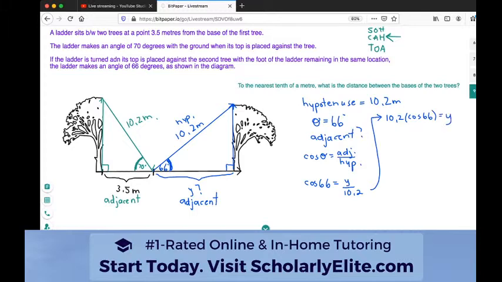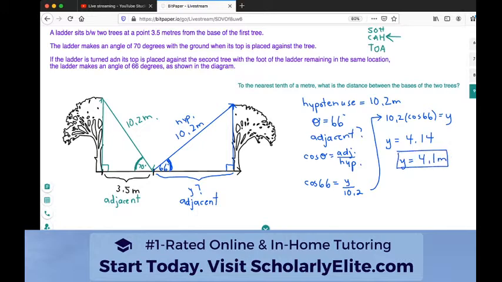On your calculator, you're going to want to put these in brackets. So put 10.2 in one bracket times, in the other bracket, cos 66, nothing else, close the bracket, equals. So y equals 4.14. And they wanted this to the nearest tenth of a meter, so this is just going to be 4.1.